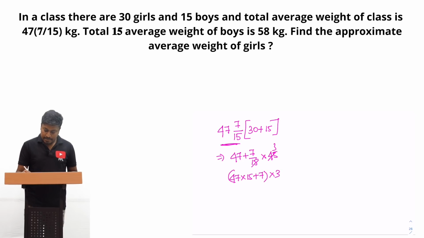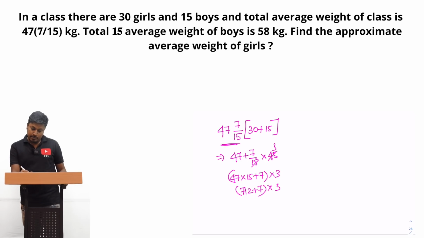So this becomes 712. So 712 plus 7 into 3 is wrong; 712 into 3 will be 2136. So we can say that 2136 will be the total weight.